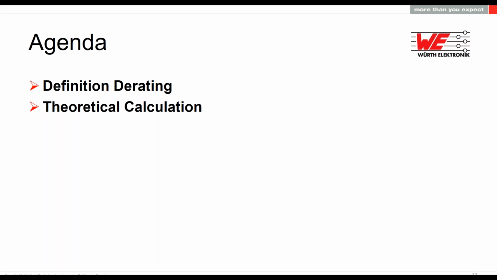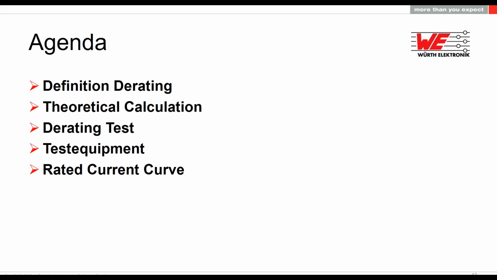What tools do you need to proceed the test? Test equipment needed, all these kind of stuff. And finally, we will see what the rated current curve is and how we could adapt this rated current curve to create a derating curve, and how we have to work with this derating curve to get the final curve for the product, including all security and everything that is necessary.